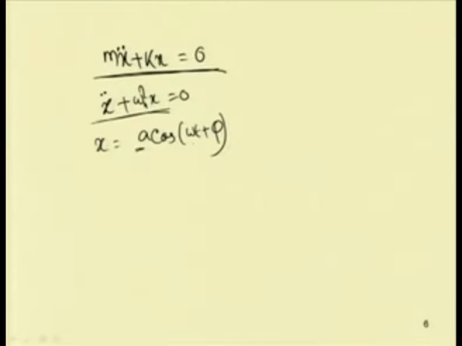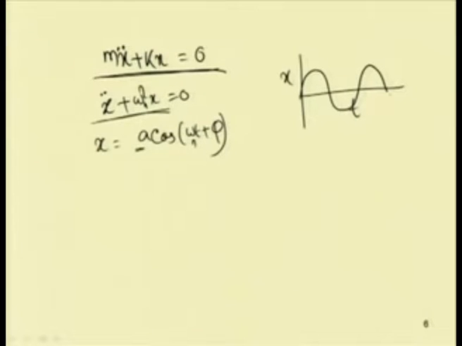This a and phi can be obtained from the initial conditions. So this response is a periodic function. If one plots x versus t, it will vary sinusoidally and the response is periodic.